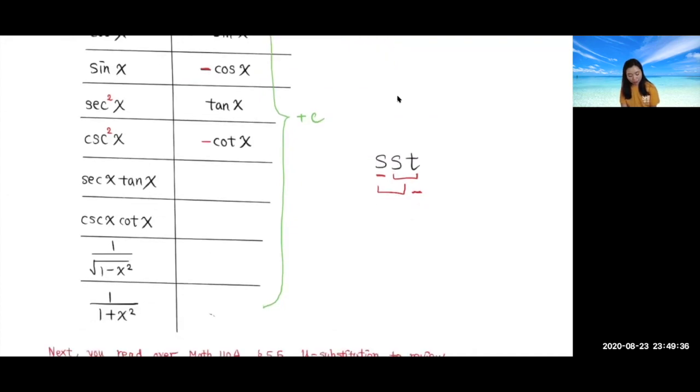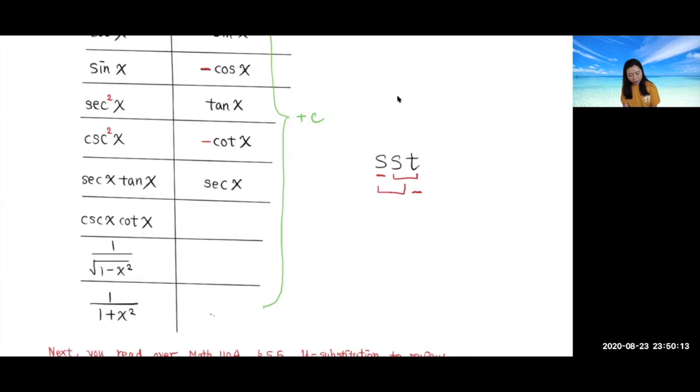Now, secant x tangent x. What function when you differentiate gives you secant x times tangent of x? That will be secant of x. The derivative of secant x is secant x times tangent of x. So what about this one?